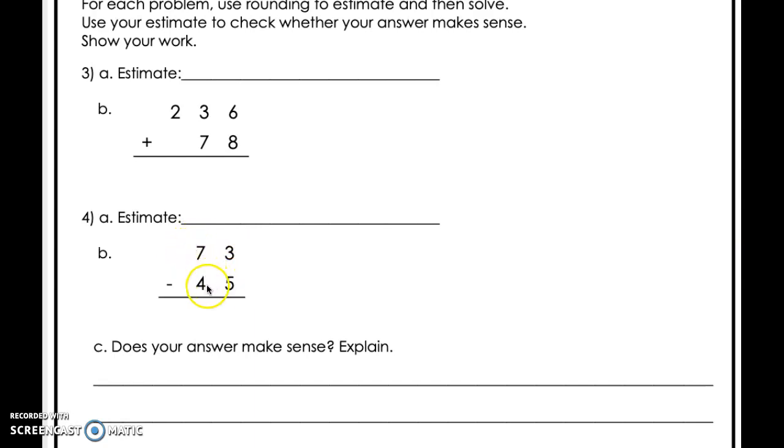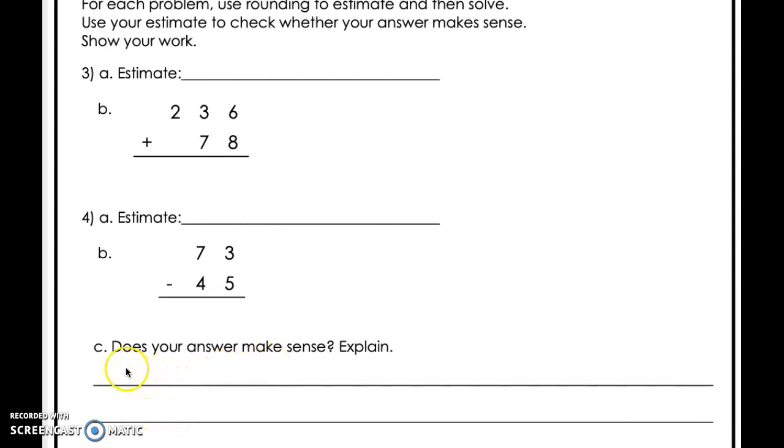And then 6 minus 4 is 2. So 28 would be my real answer. So that is close to 20, which is my estimate. It says, does your answer make sense? And if your answer is close to your estimate, then it makes sense.